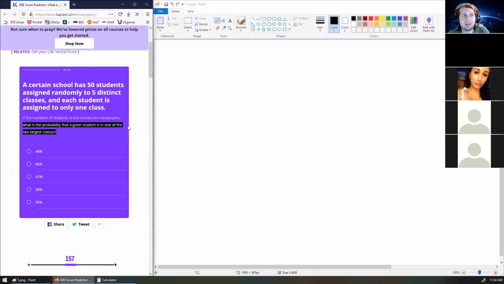So there's a couple of keywords here. Let's pick out the important bits. A certain school has 50 students assigned randomly to 5 distinct classes. So there's 50 students. And this is a good skill to have when you're doing the GRE: being able to say, let me get rid of all of the words that I can, and reduce things down into numbers.